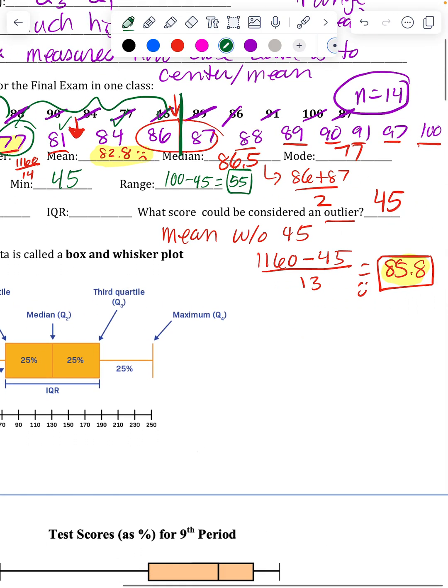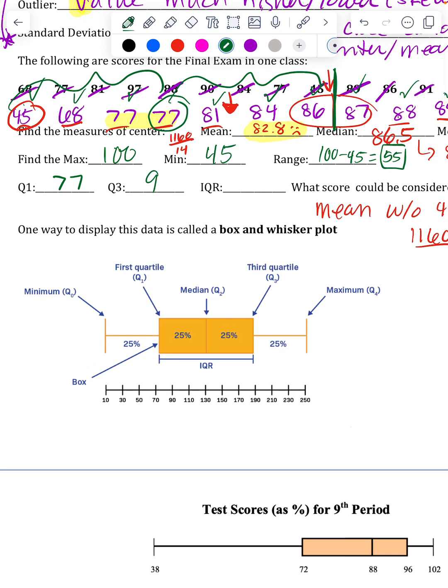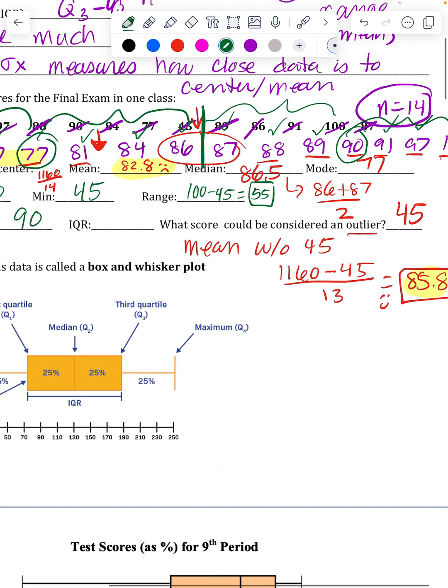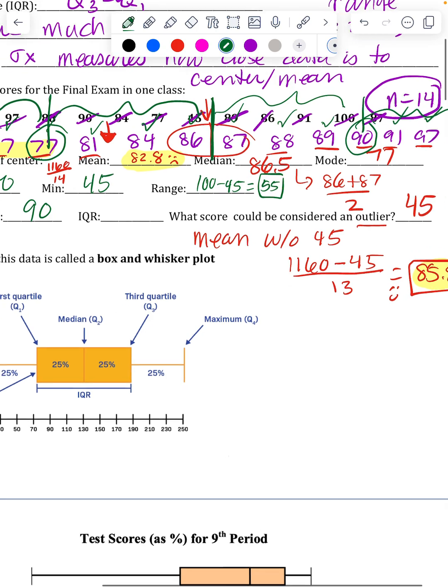Zooming over here to find Q3, I'm going to go top, bottom of that half, top, and then the next one in, next one in, next one in, and so that lands me right at 90. So my Q3 value is 90. That means the next quarter, or 25% of my data, goes to there, and the last quarter, or 25%, goes to 100. So your quartiles are the halfway mark from your halfway mark.